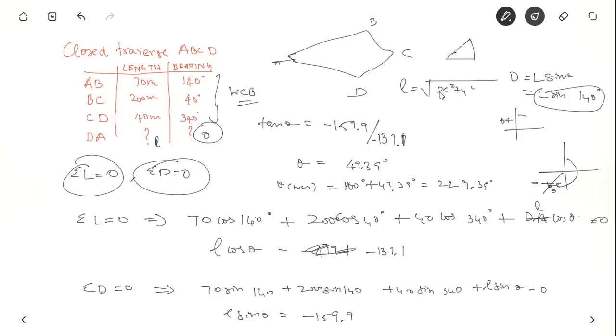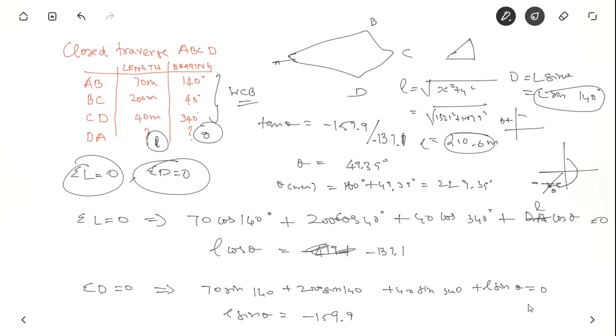That is L cos theta the whole square plus L sin theta the whole square, which is equal to root of 137.1 square plus 159.9 square. If you solve this, you will get length as 210.6 meters. So this is the length which we are looking for.